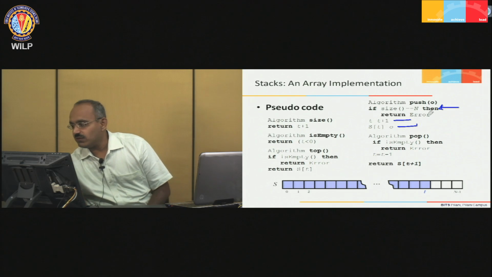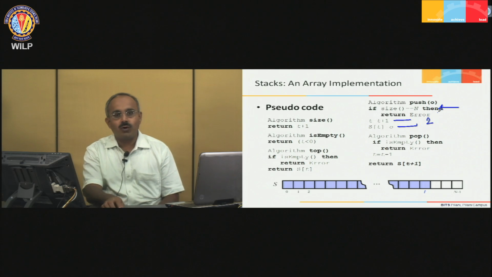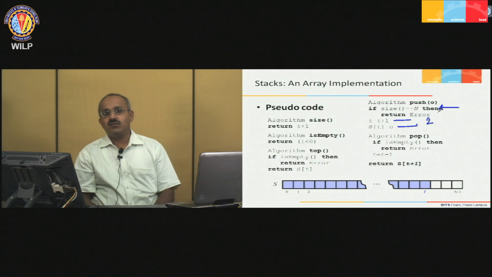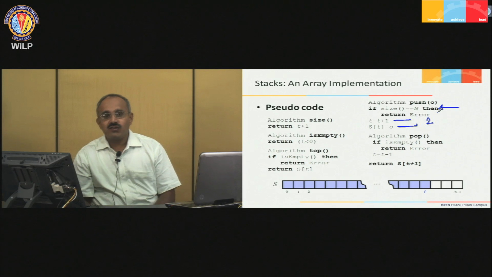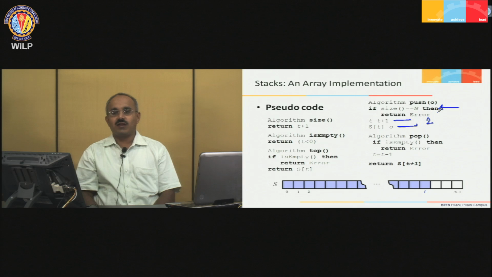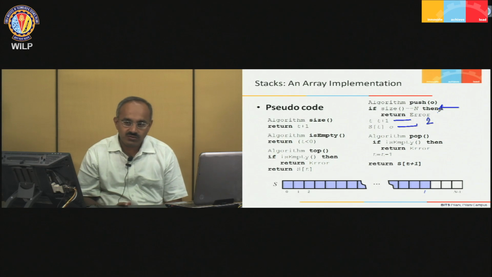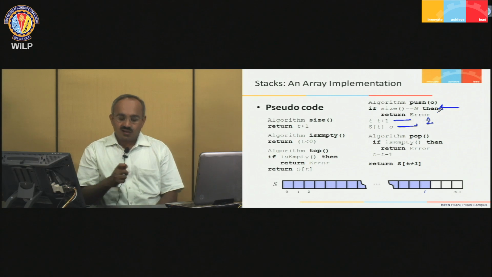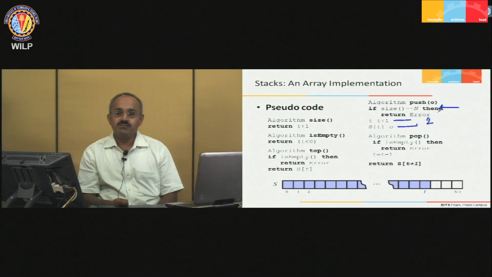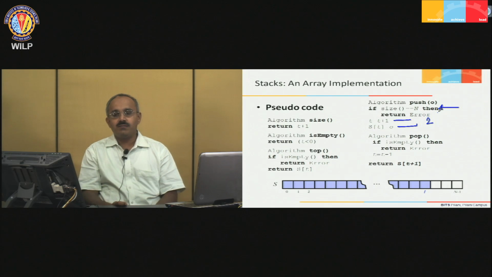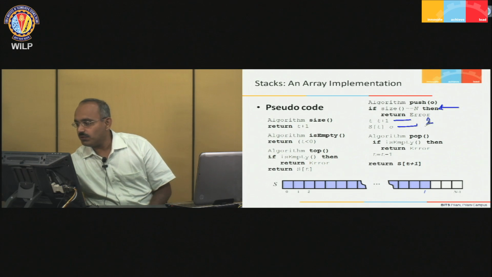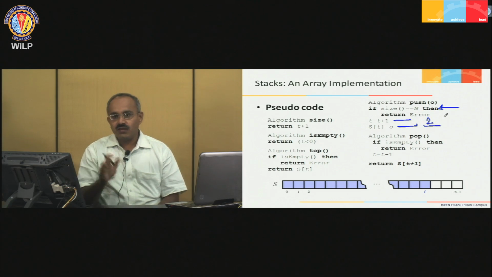So, we are doing precisely two computations: incrementing the top and assigning O to that location. This is independent of the number of elements you have on the stack. You hold t, you simply check t equal to n. If t is equal to n, we know there is an error. If t is not equal to n, increment t and insert there. So you are doing precisely two operations, which is independent of the array size n.